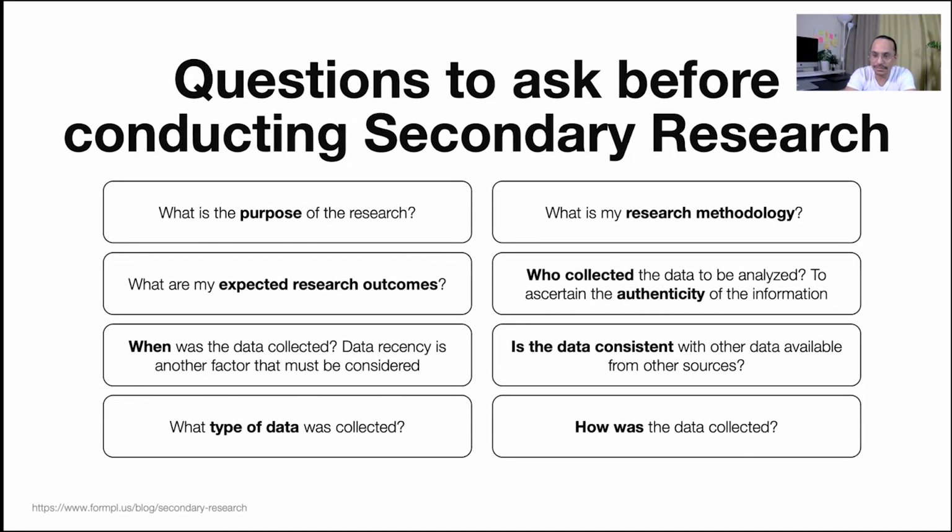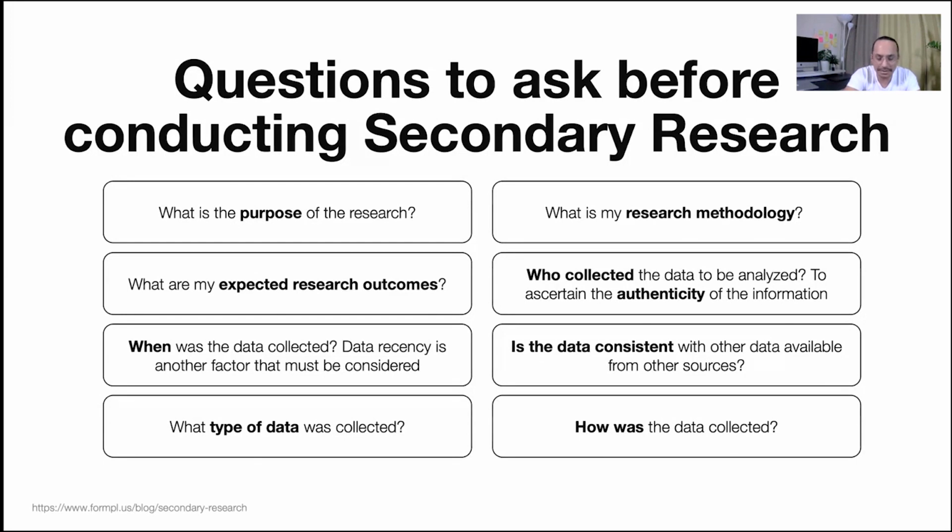Also, who collected the data to be analyzed? Whenever reading or collecting resources or information from secondary research, always try to validate it, or basically check the authenticity of the information. Also check the time when that research was done or that article was published. Data redundancy is another factor that must be considered. Is the data consistent with other data available from other sources?